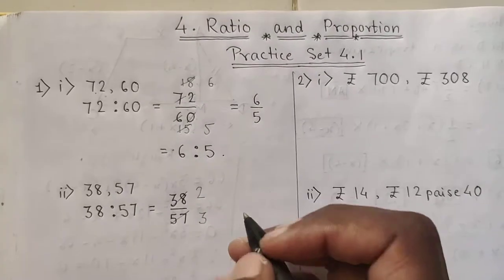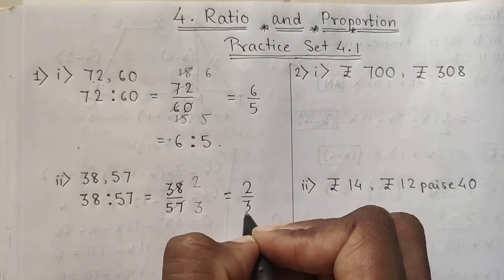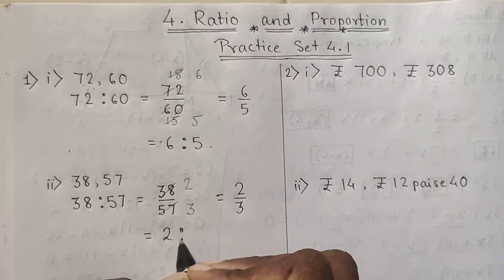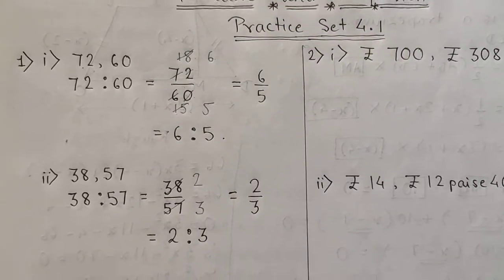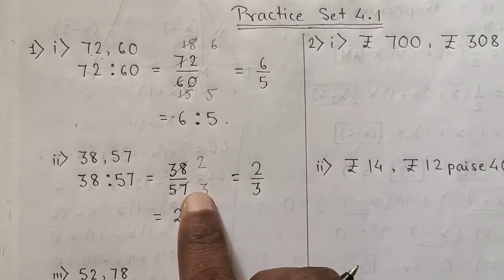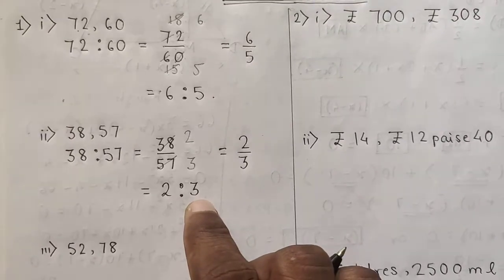So in this case you are getting your answer as 2 upon 3. So finally you can write your answer as 2 is to 3.